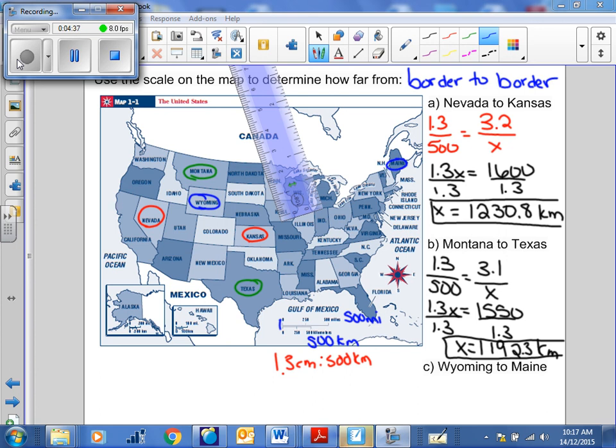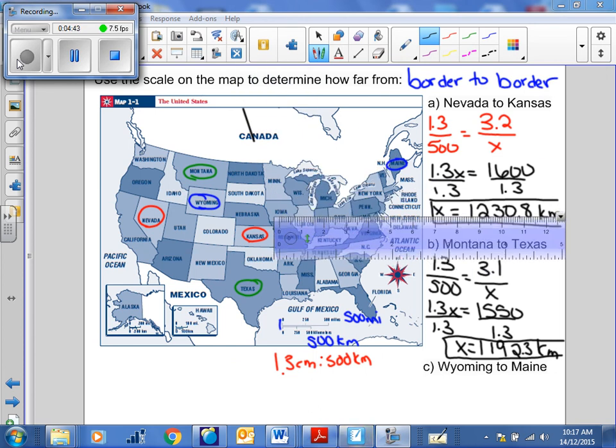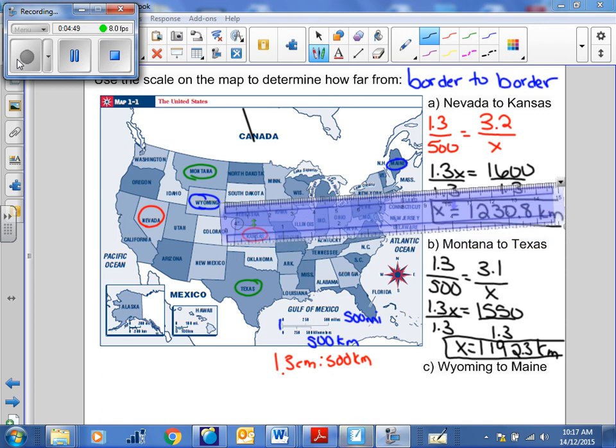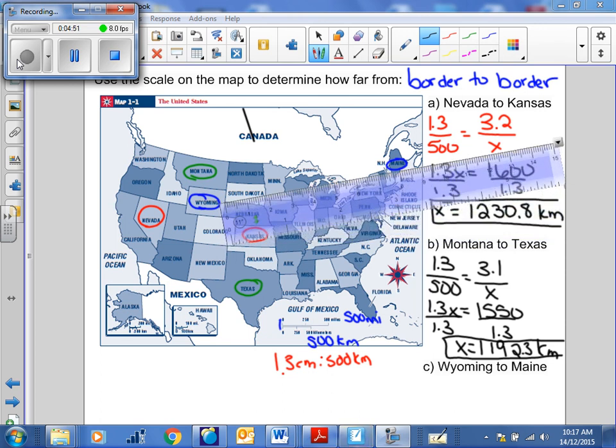So again, I'm going to measure border to border. And I'm going to measure border to border in centimeters. There I am. So I get a little bit over 7.5, 7.6 centimeters roughly.